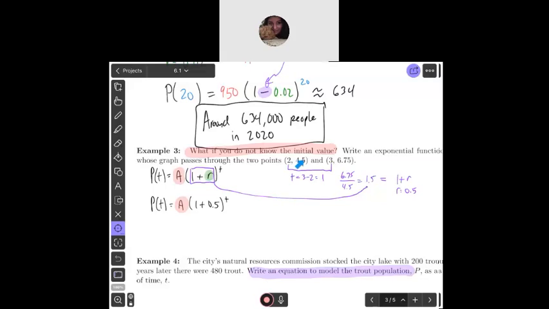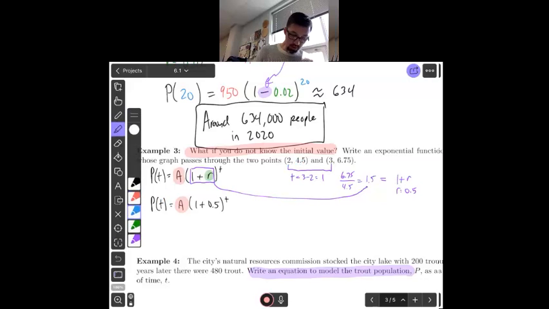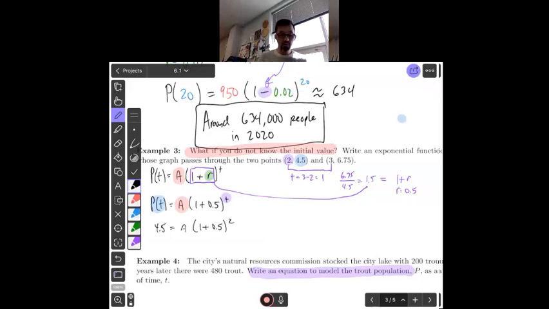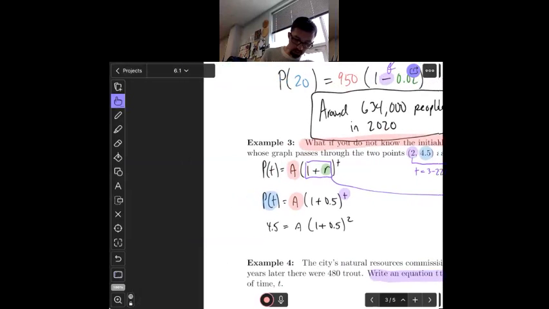All right, yeah, so just plug one of these sets of numbers into here and here. Doesn't matter which one you do, just be consistent. So if you're going to use this for P of t, make sure you're using this for t, or the other way around. And we need to solve for a. All right, so let me write down what we did here.